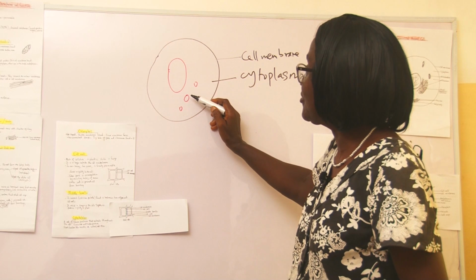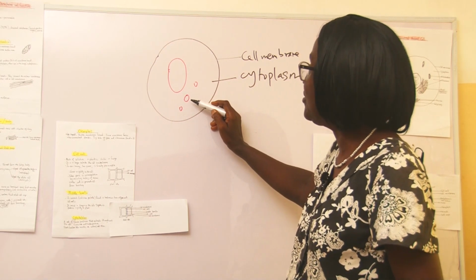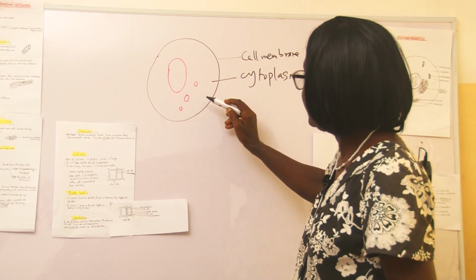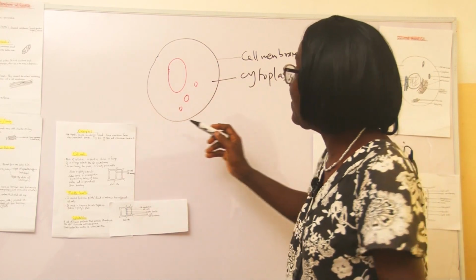Now we are going to look at the structures suspended in it or dissolved in it. All right? So we are going to look at the structures suspended in it.